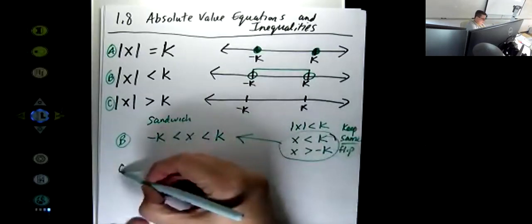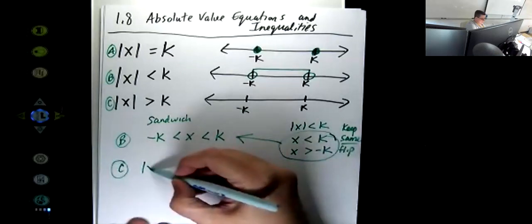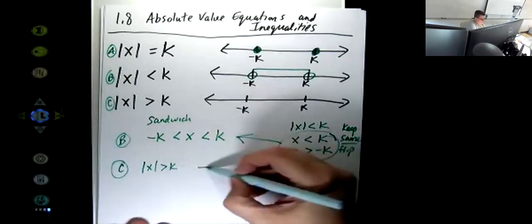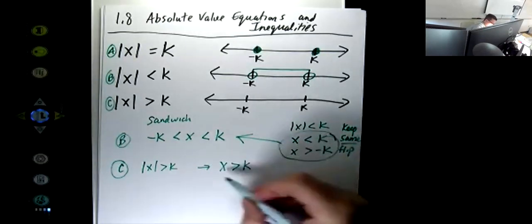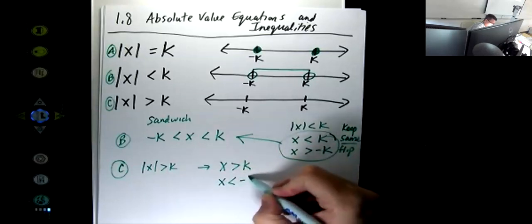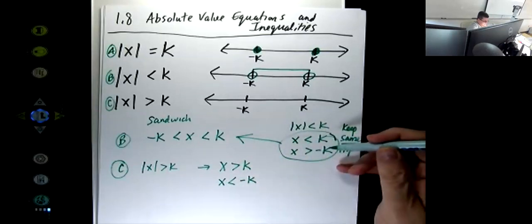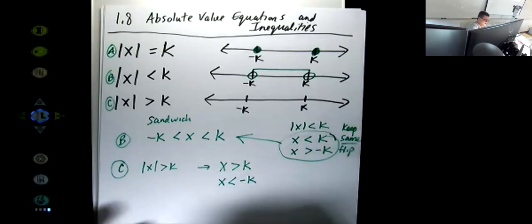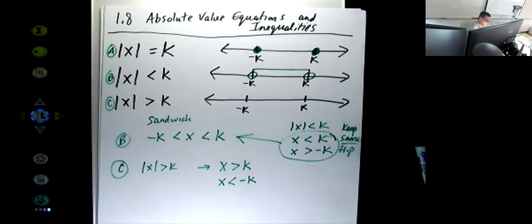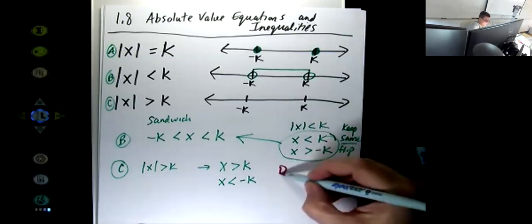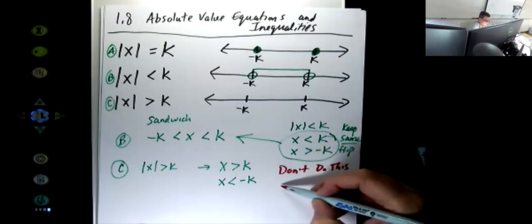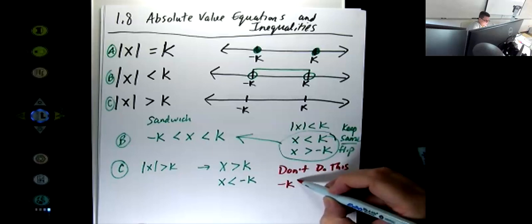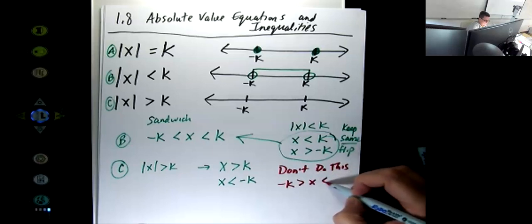If I do that with x is greater than k, I keep one the same. And then I flip the sign and flip the inequality. We don't ever want to do this. Don't do this. Don't try to say negative k is greater than x and x is less than k.